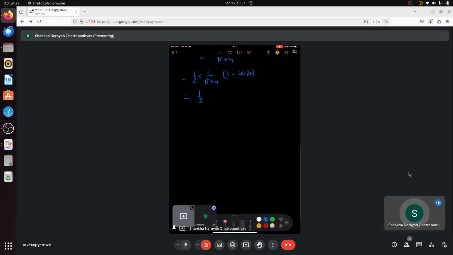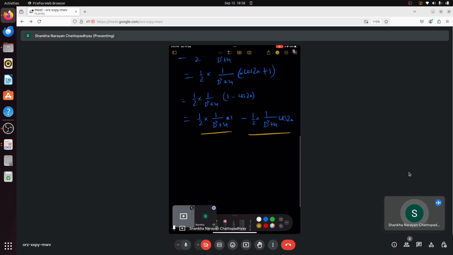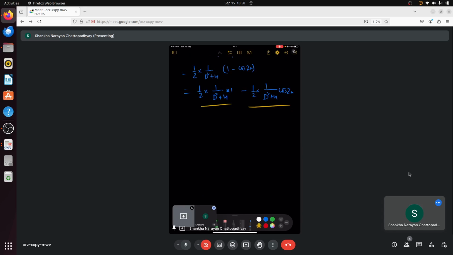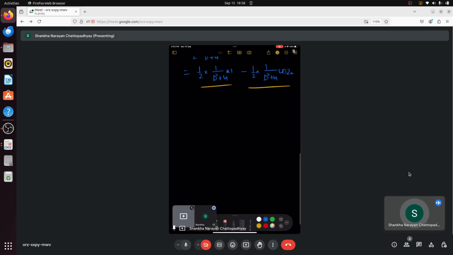That means you can write it as half of 1 by D² + 4 operated on 1 minus half of 1 by D² + 4 operated on cos 2x. So you have two parts: first this part, then this part, right? We will determine accordingly.